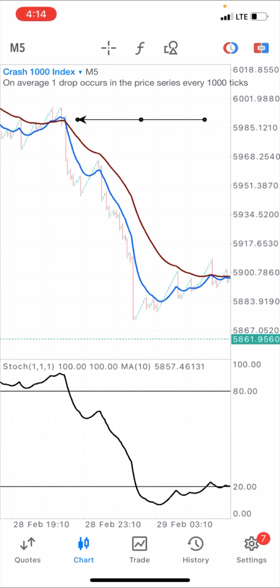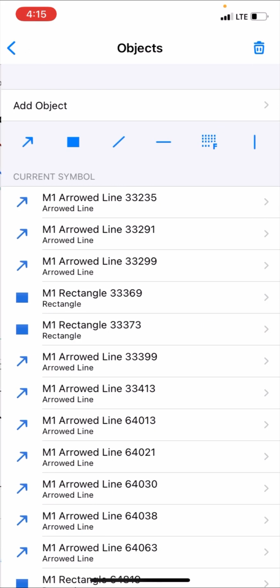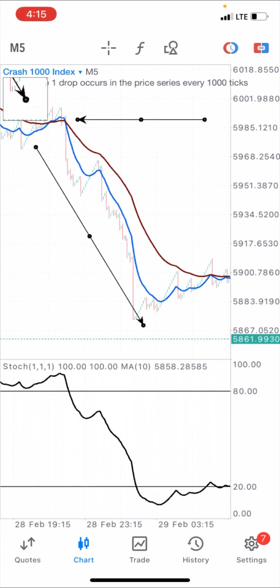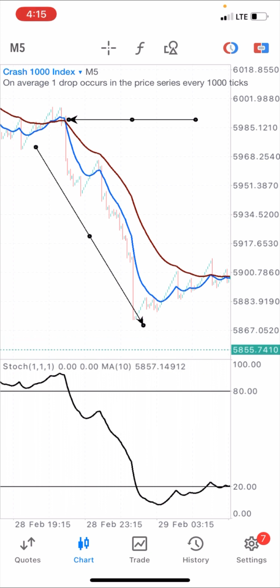Okay, so this strategy is going to help you catch multiple spikes, as what you've seen here. You've seen all the spikes that's happened ever since the market left this place, right? So I'm going to walk you through how to set up these indicators, how to set up the properties that you need to set up to have a proper indicator that will give you these good trading opportunities.